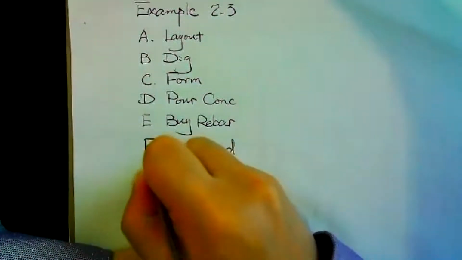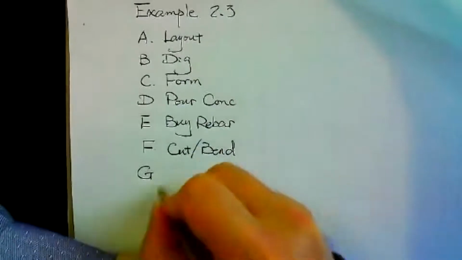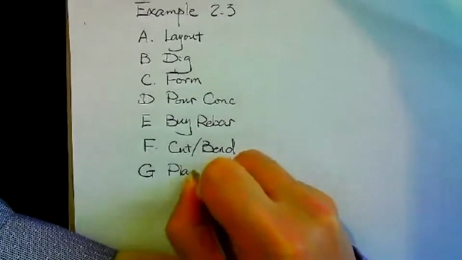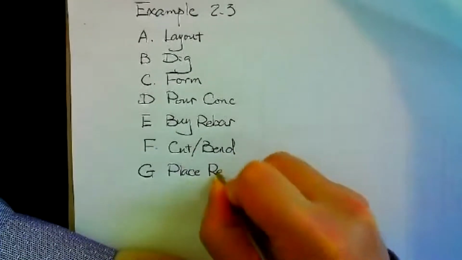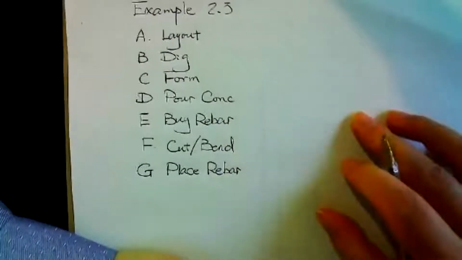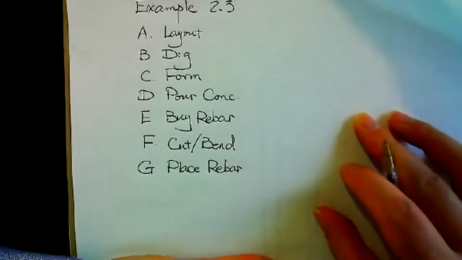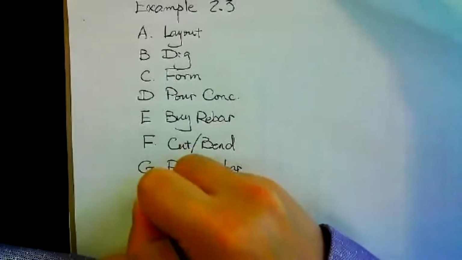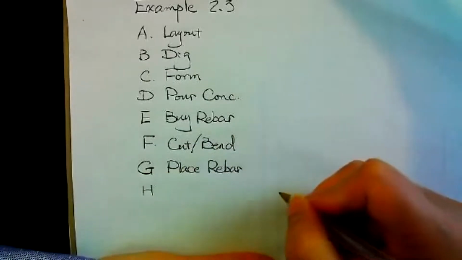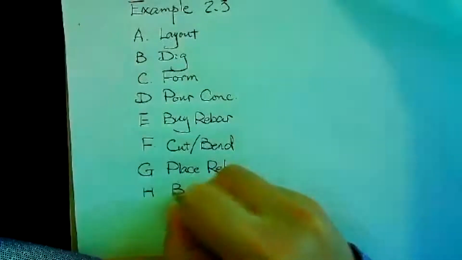And activity G is place rebar. And activity H is buy concrete.